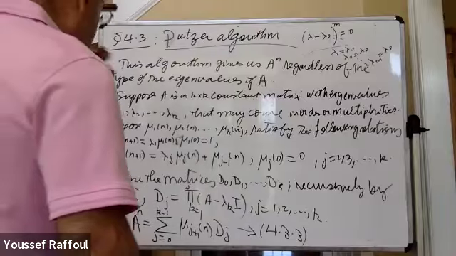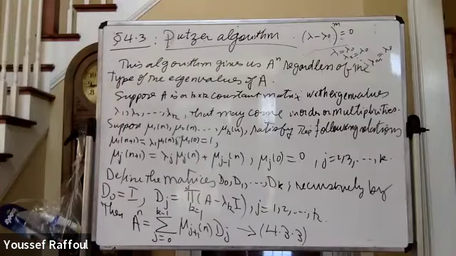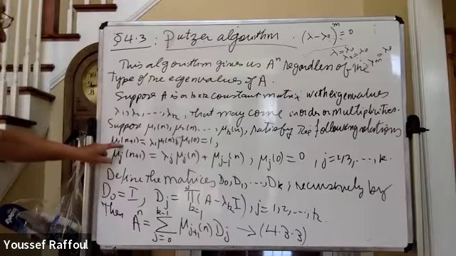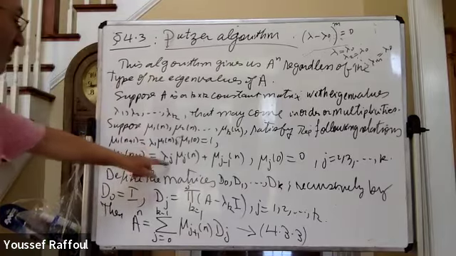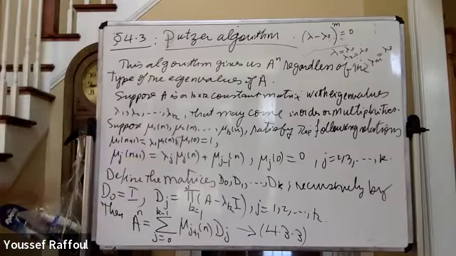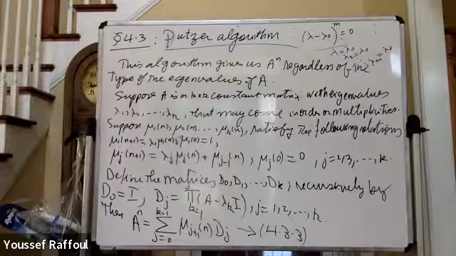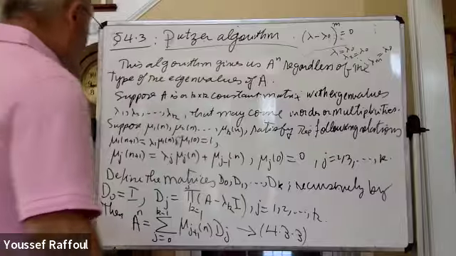So that is the theorem. And remember, the mu are related to the lambdas. It does not really matter how you label your lambda. All right. So let's do an example.